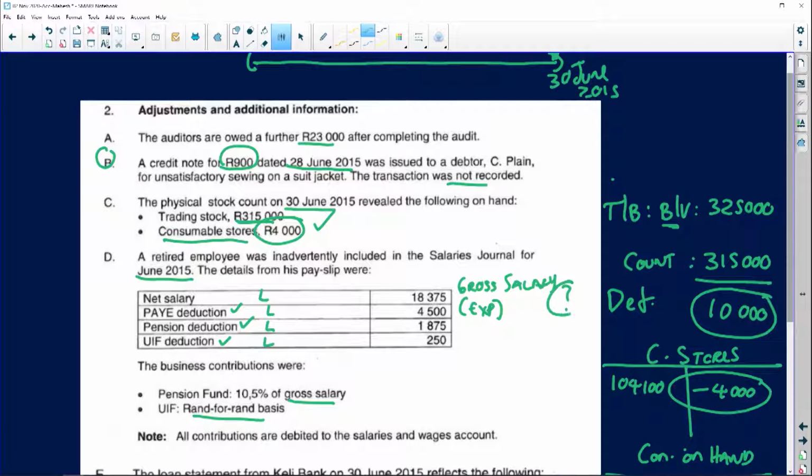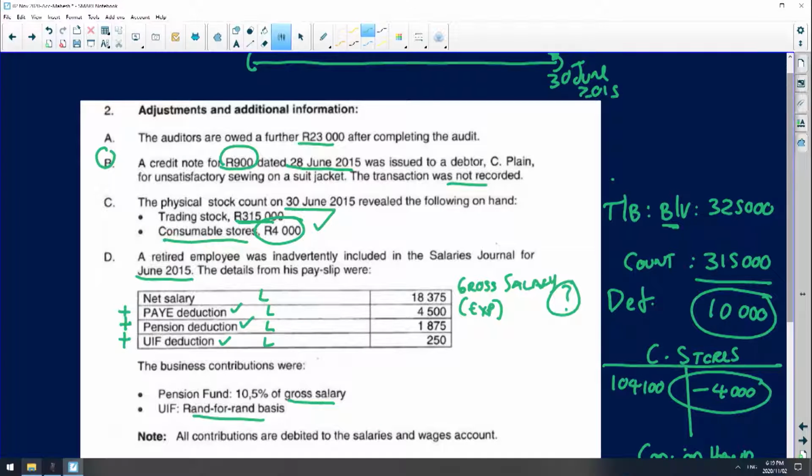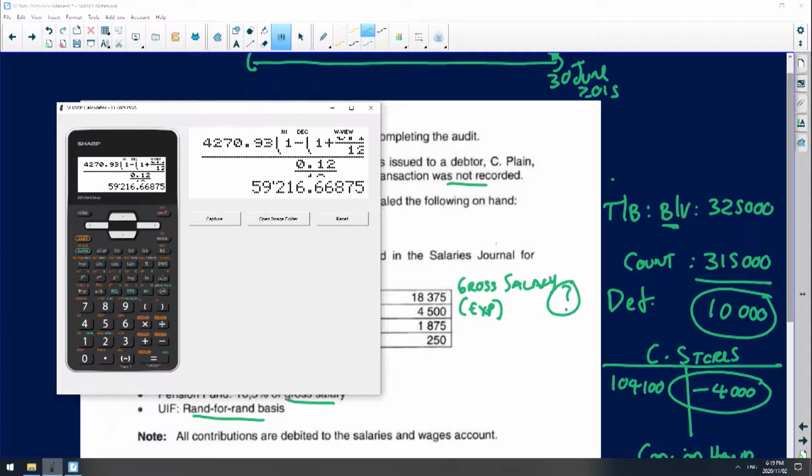Now, looking at this particular adjustment, as you can see, your gross salary is missing, is not given to you. But remember, your gross salary is simply the sum of net salary plus your tax PAYE deduction, plus your pension deduction, plus the UIF deduction. So let's work out what is the net salary.